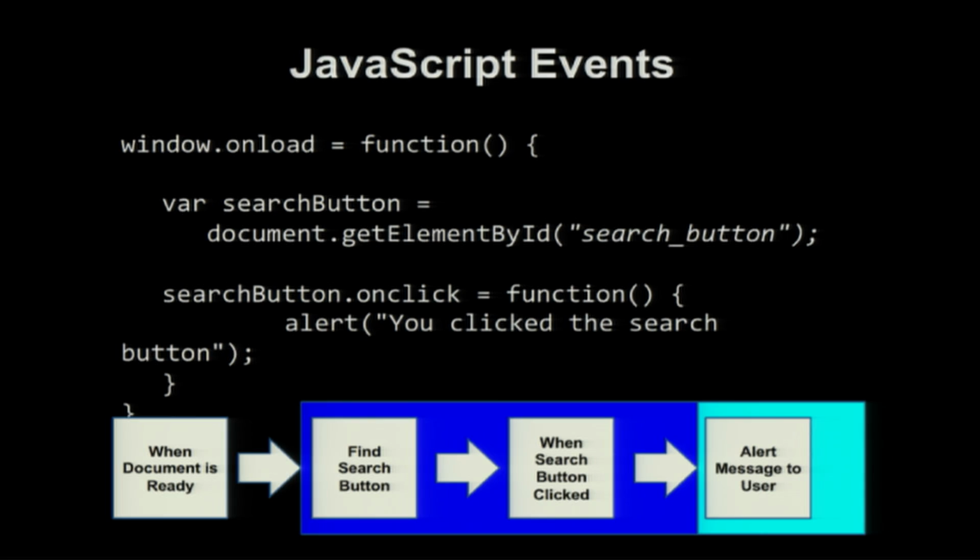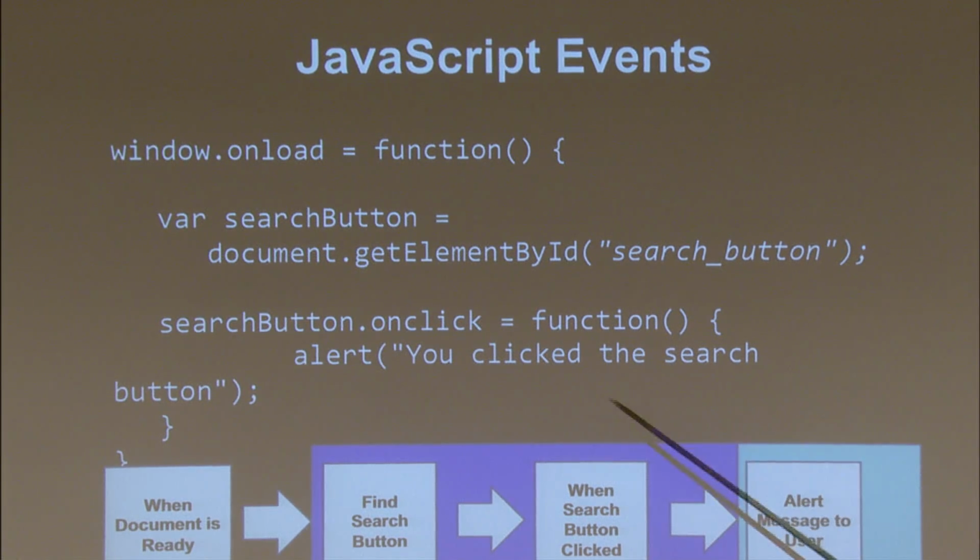Okay, so the last thing is JavaScript events. When I was talking earlier about going on to a website, and when your mouse hovers over something, something else happens, this is what we like to think about as an event. So what we have here that might be useful is onclick.